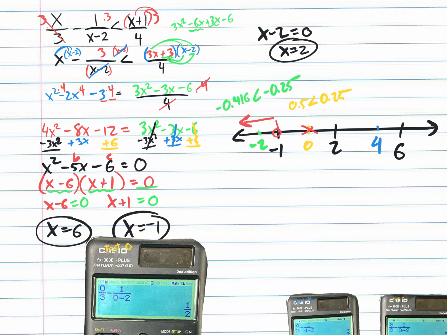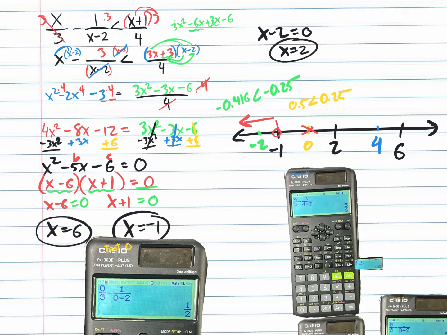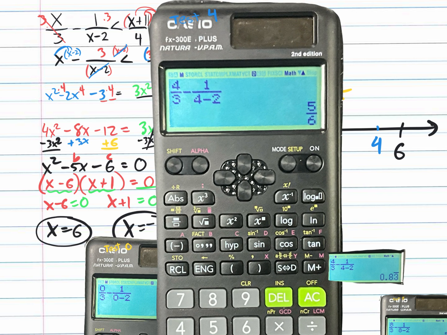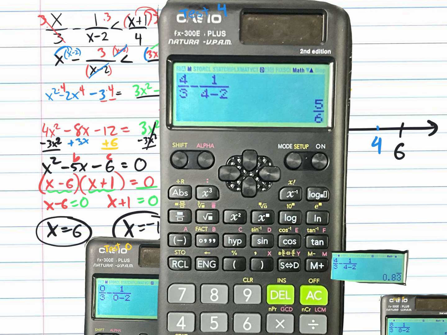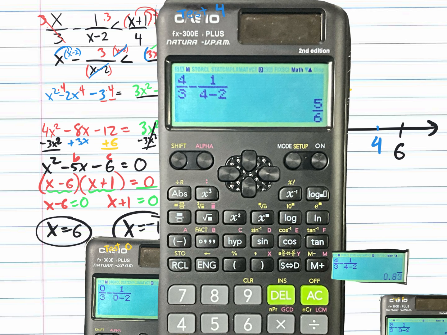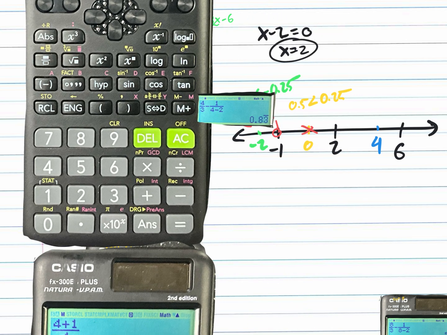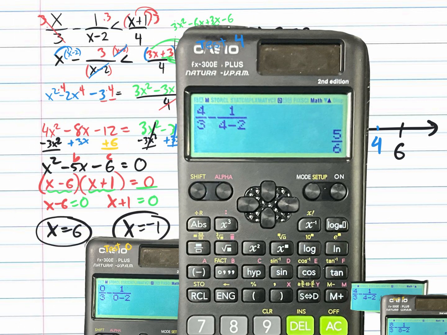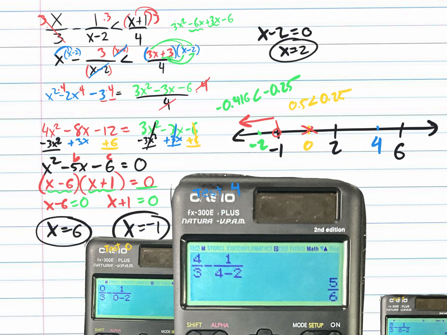Why did I pick 4? Because I already have it typed up right here with the calculator. When you type in 4 over 3 minus 1 over 4 minus 2, that gives you 5/6, which is a decimal 0.83. So on the left side, when we type in the 4, you get 0.83. Is it less than?